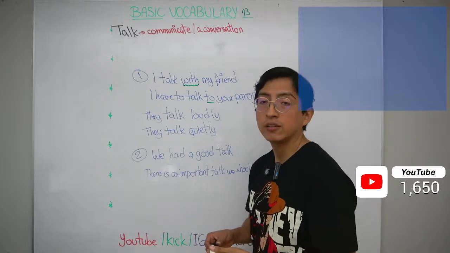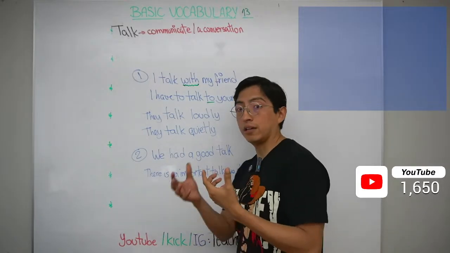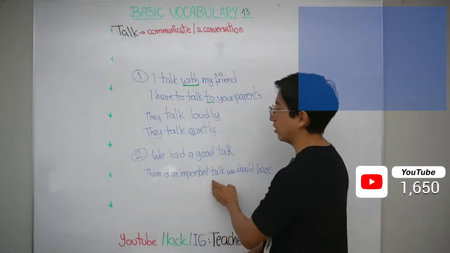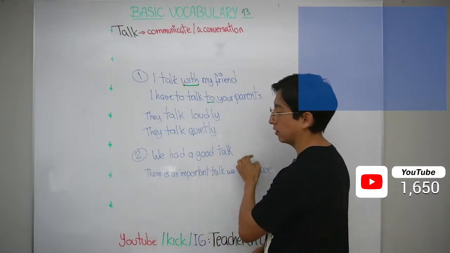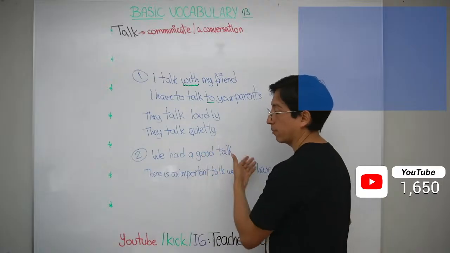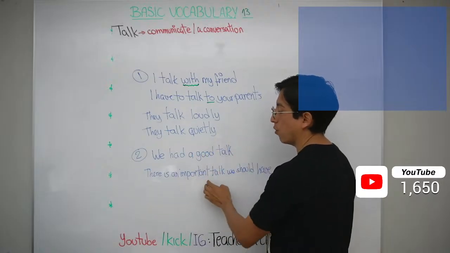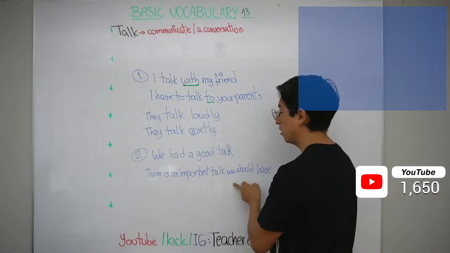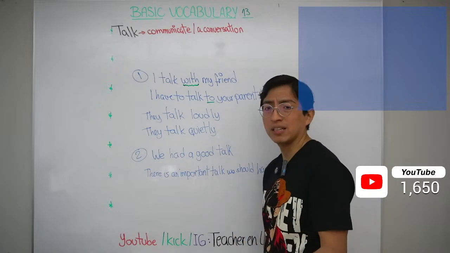Remember, we always use talk with have. We have a talk. We had a good talk. We had a good conversation. Or there is an important conversation or a serious conversation we should have later.